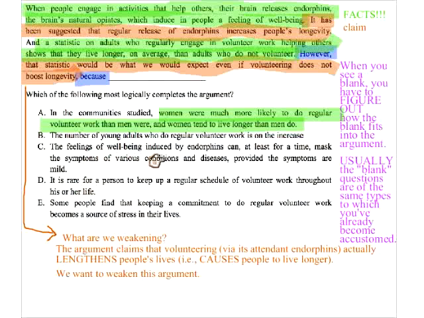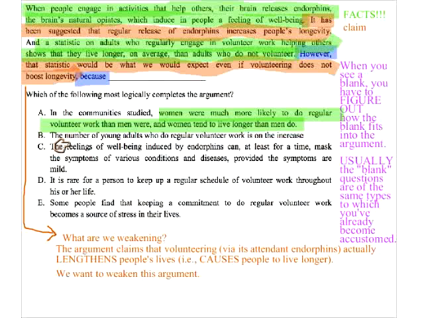C is basically trying to say that these endorphins are masking the symptoms, which, in other words, C is trying to explain why the endorphins might lengthen your life.